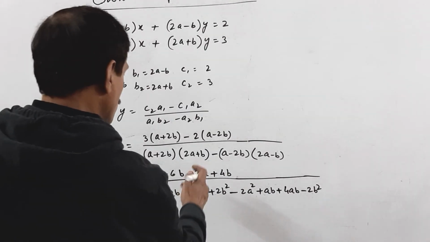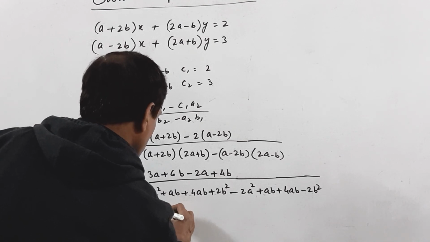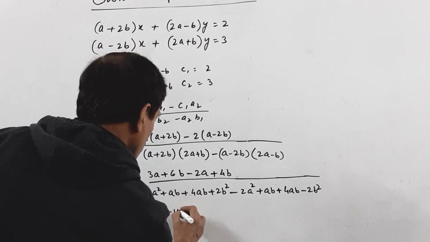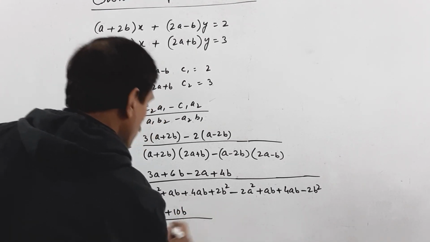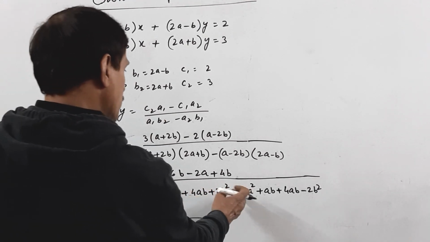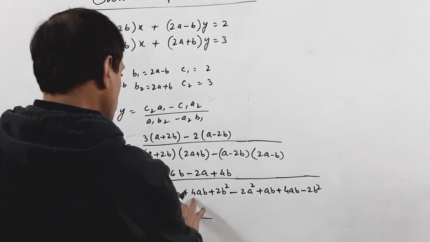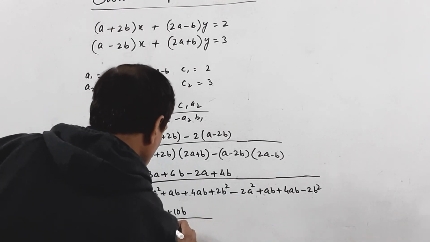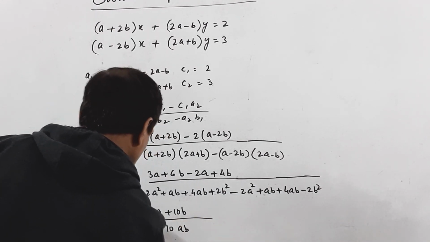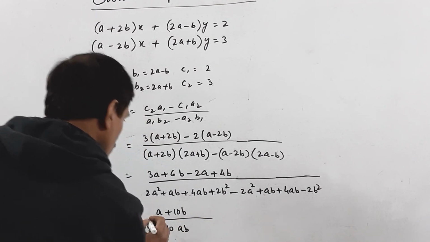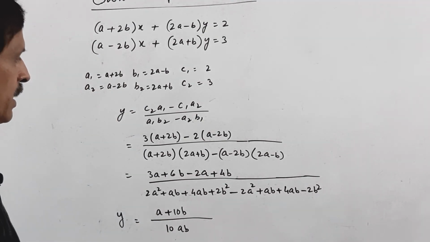So 3a minus 2a, that is a, plus 10b, upon twice a square cancel, twice b square cancel, and this is 5ab and 5ab, that is 10ab. So y is equal to a plus 10b upon 10ab.